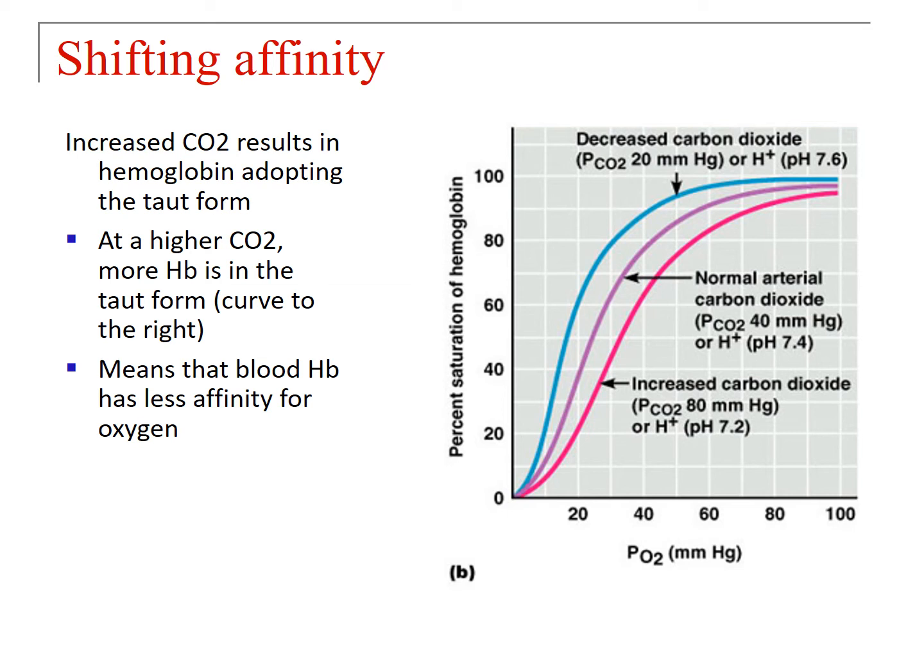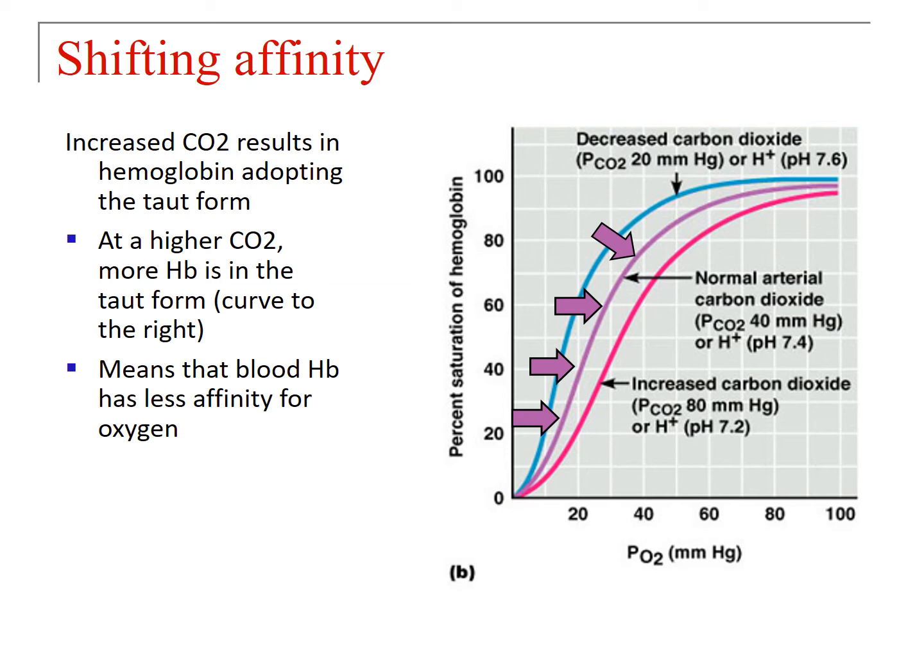Now let's take a look at normal circumstances. At a normal arterial CO2, you have a PCO2 of 40, and you have a pH of about 7.4. Now, if you increase the CO2, you're going to decrease the pH, and that's going to change how hemoglobin folds. So let's go ahead and make those changes.